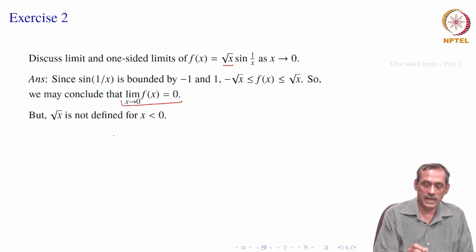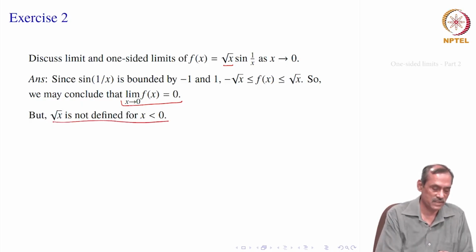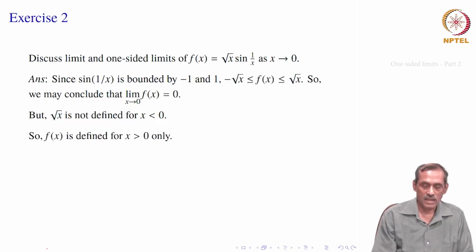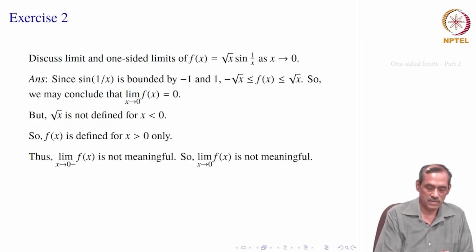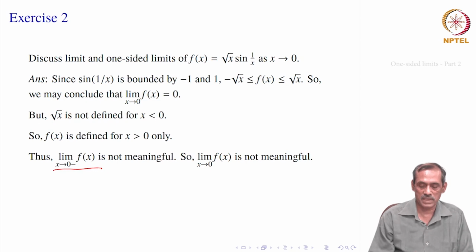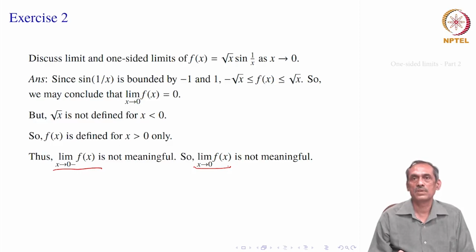Therefore, the left side limit is not meaningful, because root x is not defined for x less than 0. It is defined only for x bigger than 0. Therefore, the left side limit at 0 does not exist, or we would rather say it is not meaningful. Similarly, because of that, the limit of f x also is not meaningful.